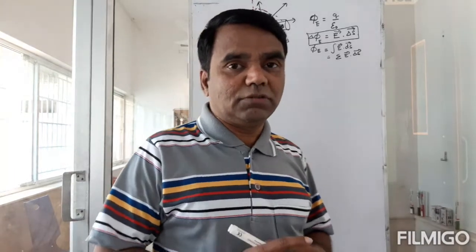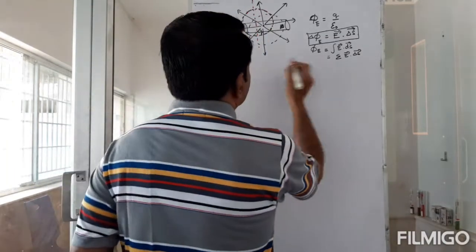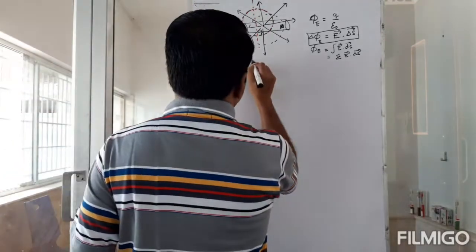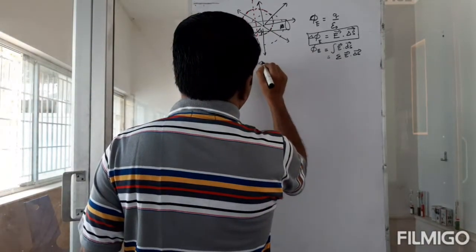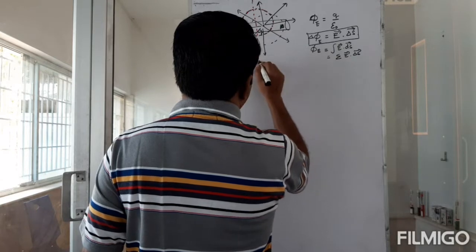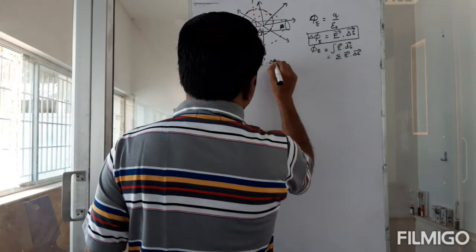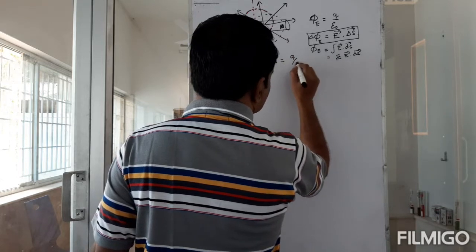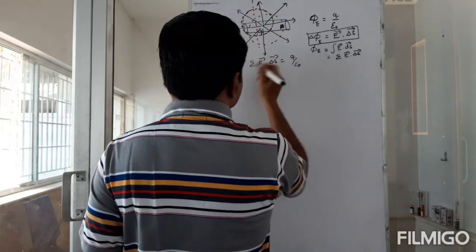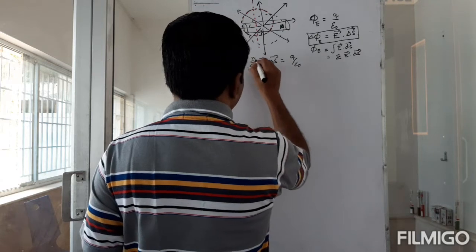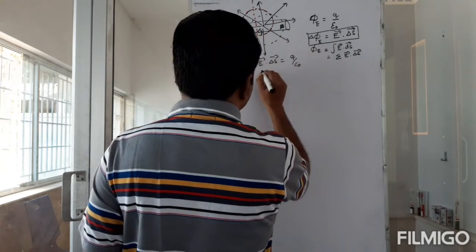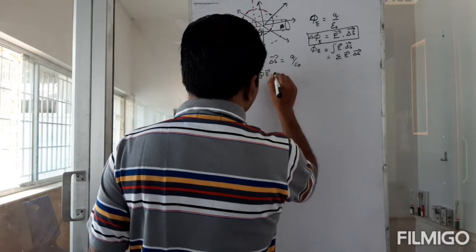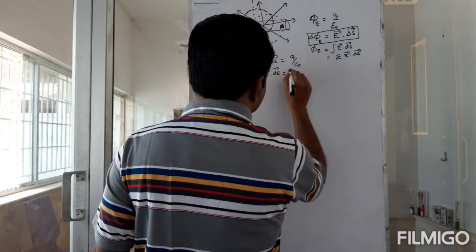Okay, so Gauss law can be written like this: the sum of E dot delta S is equal to Q by epsilon naught for the entire surface, with i from 1 to n covering it completely. Or I can say that the closed surface integral of E dot dS is equal to Q by epsilon naught.